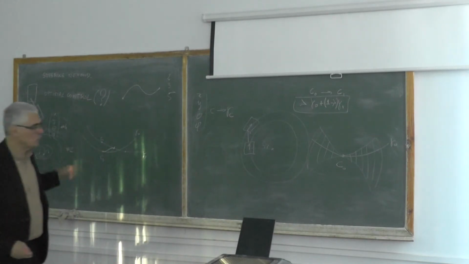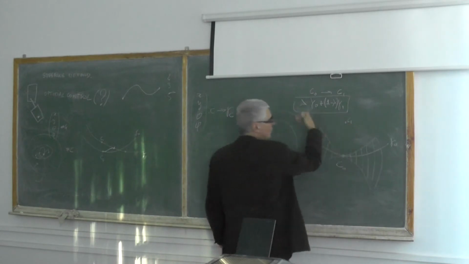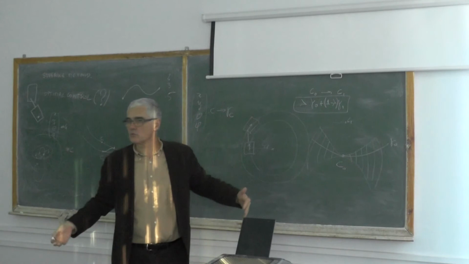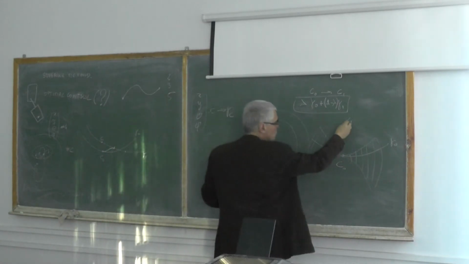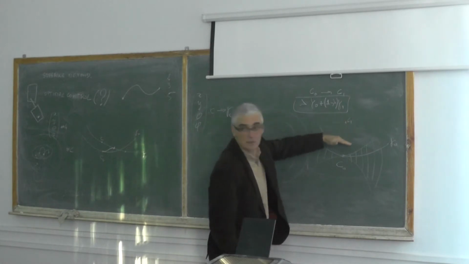And then what you prove is that if your C1 is very, very far from the cone, you don't know how to make that. But what you do is that you make it by dichotomy.